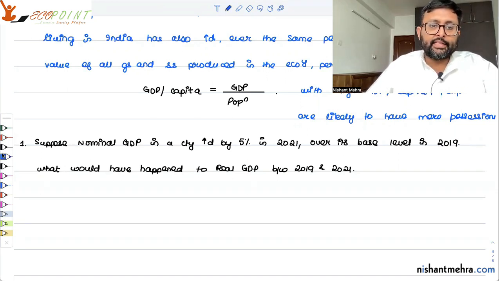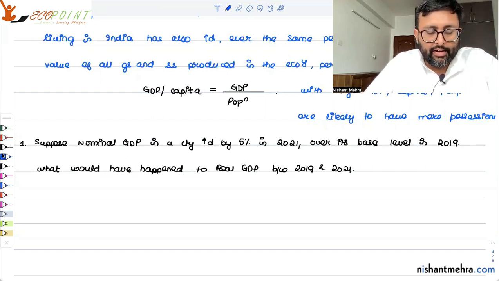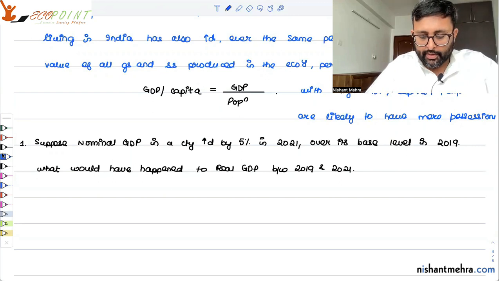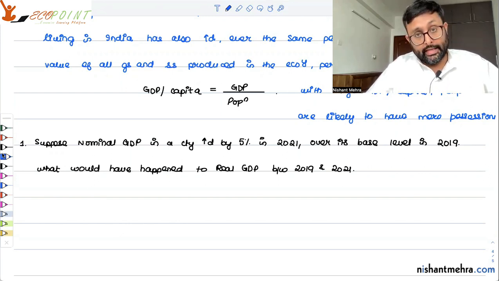But nominal GDP has increased. You can't say anything about real GDP, right? Real GDP could have actually increased, decreased, or whatever. Nominal GDP can increase because of increases in the price level. It can also increase because of increases in quantity, right? It is possible that real GDP can also increase, decrease, or remain the same.